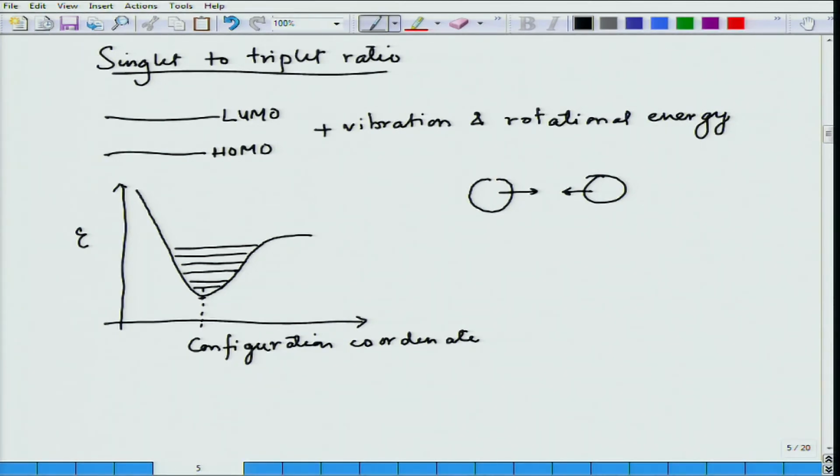So, when we say that I have excited a molecule from the ground state to the excited state, how do I do that? I can do it in many ways. Let me say this is, in my electronic structure, the ground state of the molecule, and I am representing this ground state by this configurational diagram.